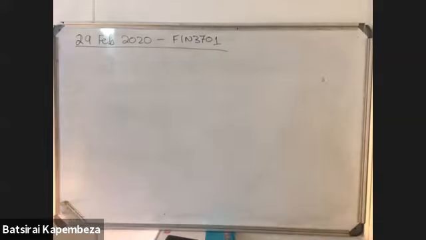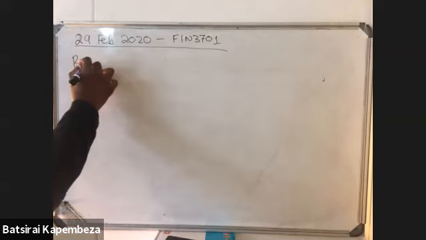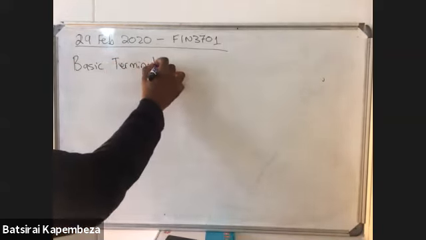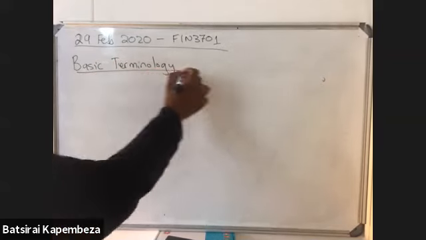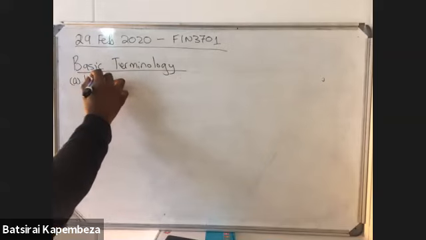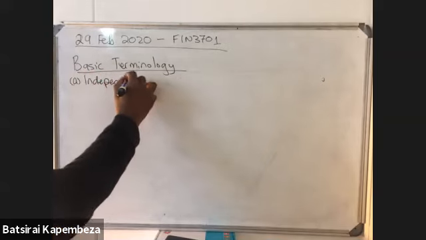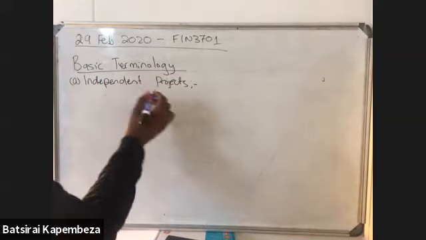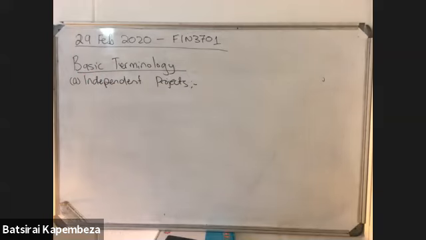Right. The first word that you'll see come up in capital budgeting techniques is independent projects. Now, when we talk about independent projects, we are talking about projects which are not related to each other.